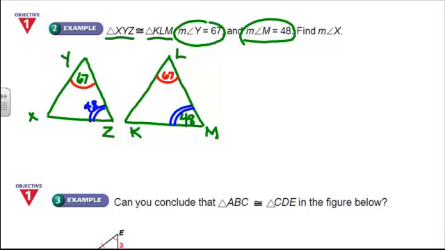My job is to find x. I'm going to use the triangle angle sum theorem. I know that angle x plus 67 plus 48 has to equal 180 degrees. When I take the time and add these together, 67 plus 48 is equal to 115.